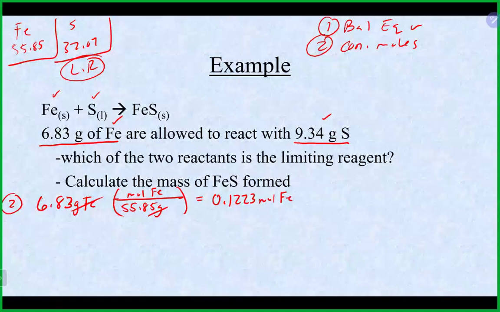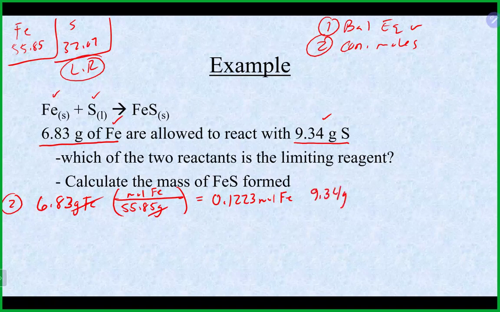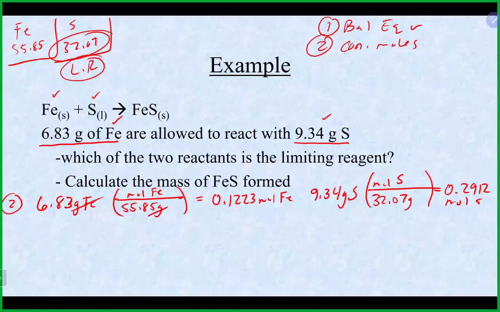We're going to do the exact same calculation for sulfur here, 9.34 grams of sulfur. Going to the periodic table and grabbing the molar mass, we're going to put the grams on the bottom per mole of sulfur. And that's going to give us here 9.34 divided by 32.07, 0.2912 moles of sulfur.